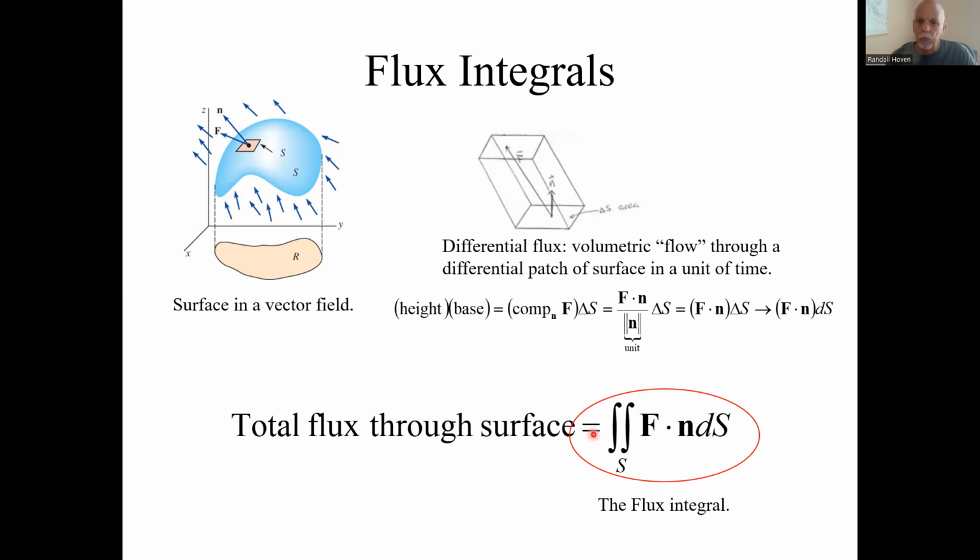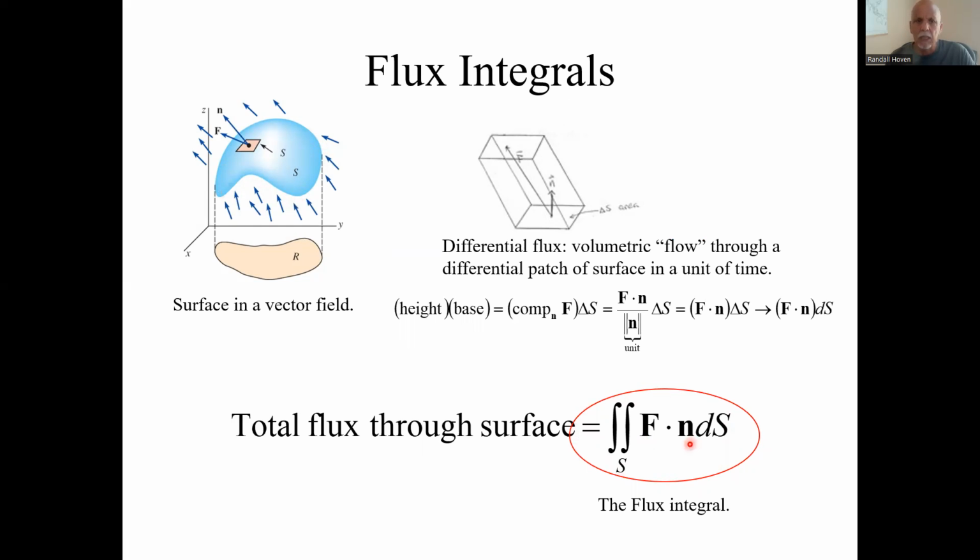I talked about this in the previous video. Here's the definition of the flux integral. This big F is a vector field. Here our surface is a two-dimensional creature in this three-dimensional vector field.